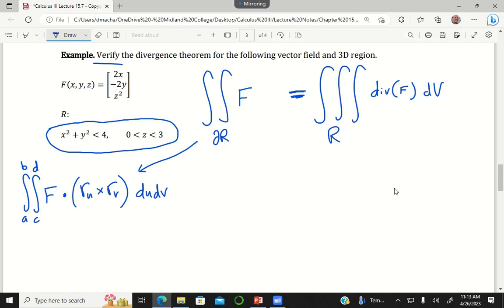And then z greater than 0 and less than 3 says let that disk live with any of the z coordinates between 0 and 3. So we're talking about a cylinder. This region is a cylinder in 3D space with radius 2 and height 3. Okay.